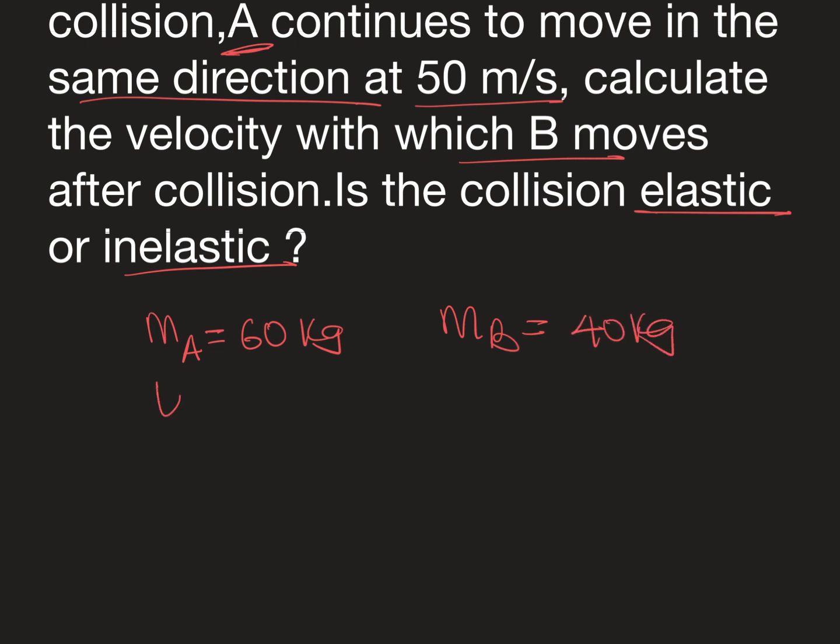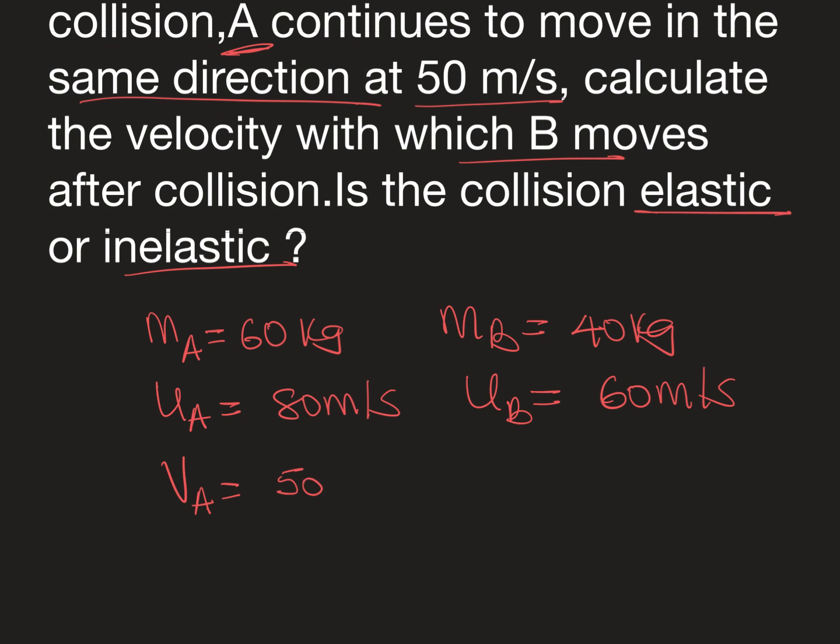The initial velocity of A is 80 meters per second. The initial velocity of B is 60 meters per second. The final velocity of A is 50 meters per second. The final velocity of B is what we are going to find.